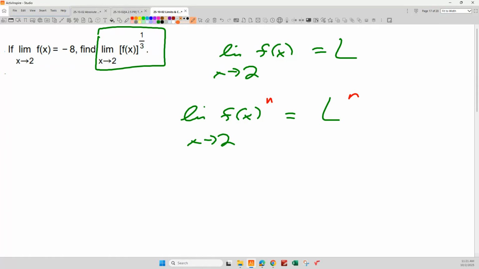If I'm taking a limit of that function to the 1/3, then that's the same thing as whatever that limit was to the 1/3. So our answer is -8 to the 1/3, which is -2.